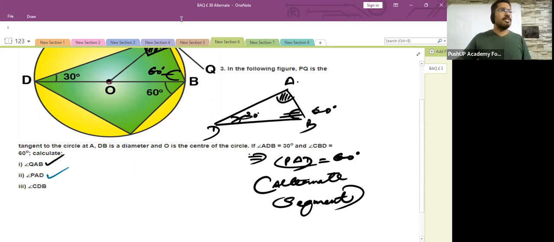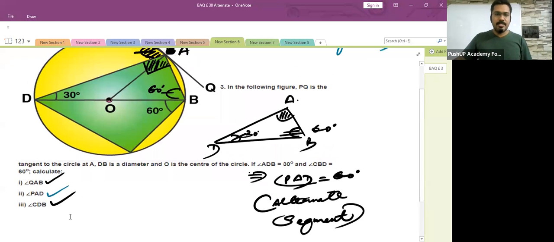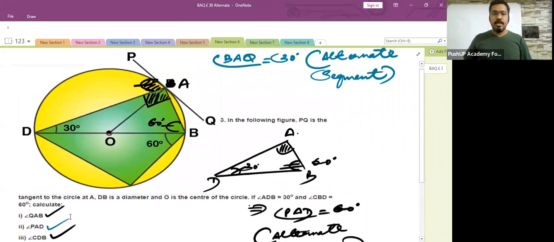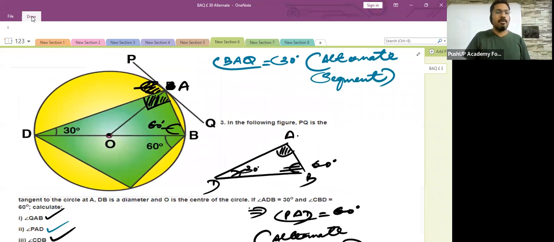Shall we solve the next question? The last question. Let me pick. Pavish, try to answer angle CDB. The other students send me the answer in the chat box. Where is C, by the way? Down, no?